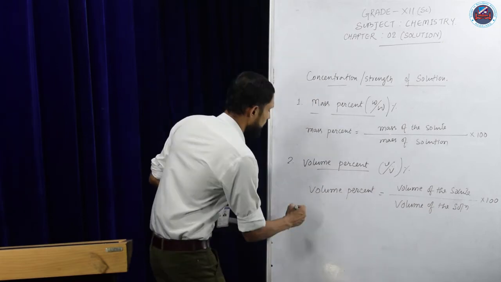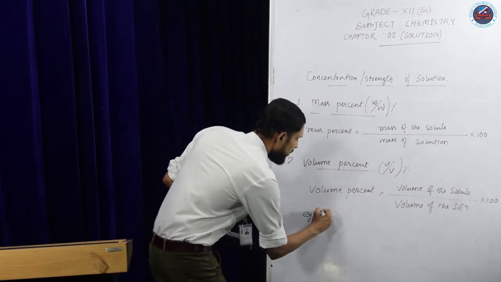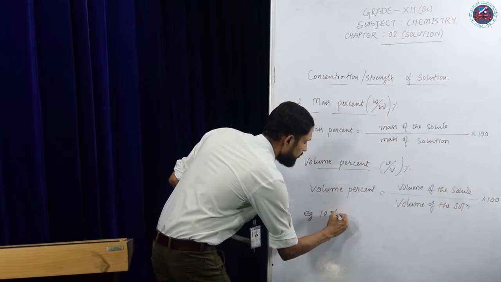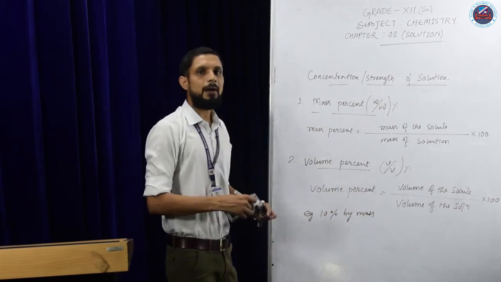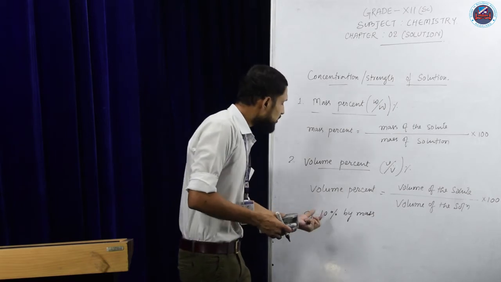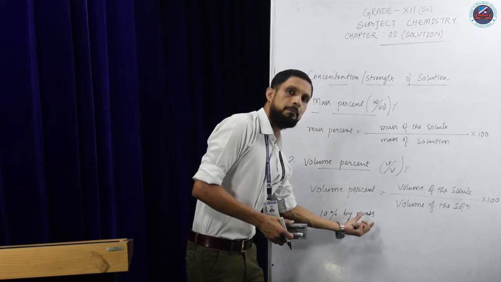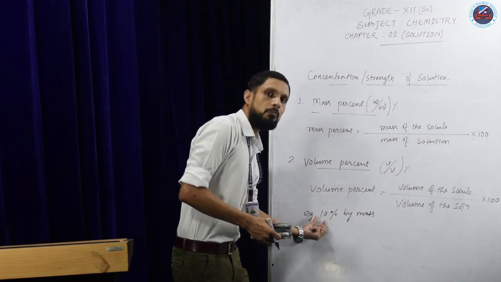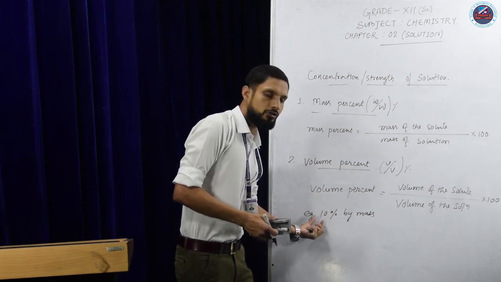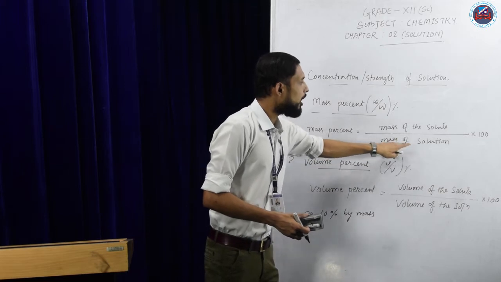Say, for example, 10% by mass. If you have a solution whose strength is 10% by mass, it means you have 10 gram of the solute in 100 gram solution.